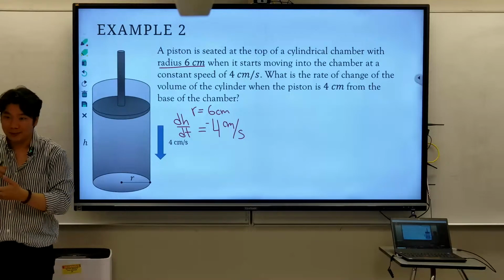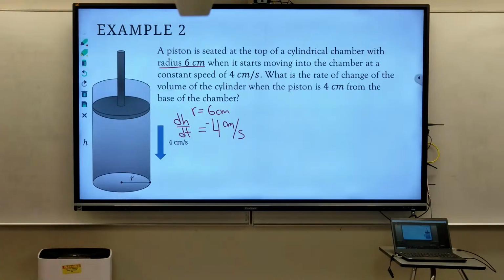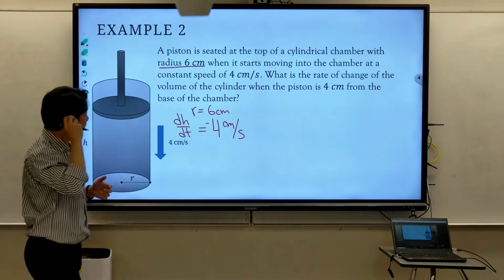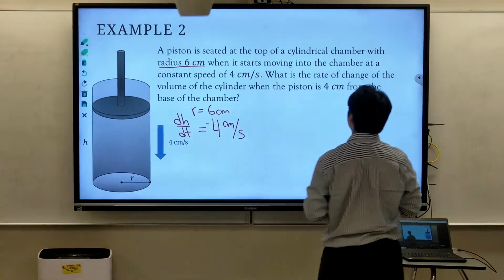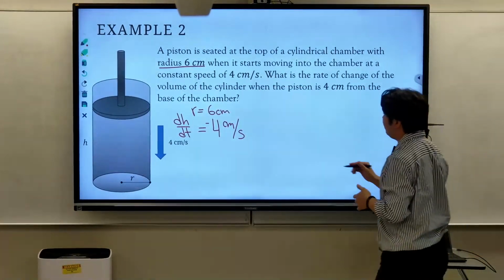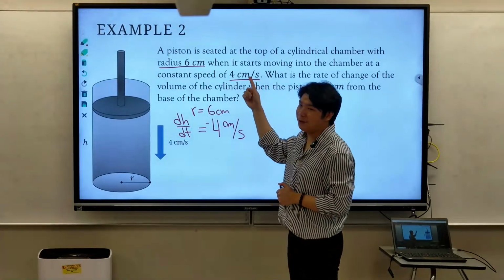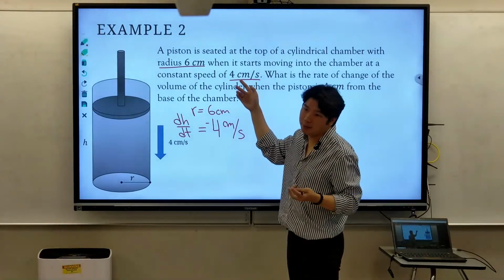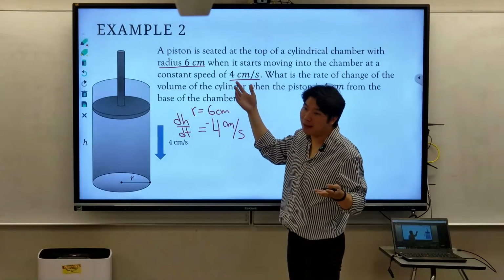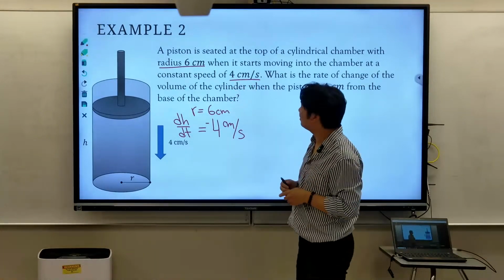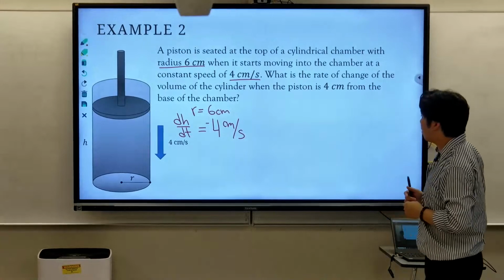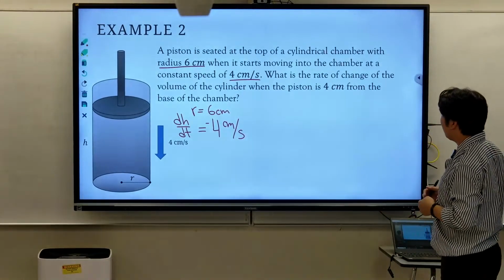It's not growing. So that's me using this 4 centimeters per second. Again, I know that this is for sure not volume because volume would be centimeters cubed per second, for example. All right, so that's some given information.